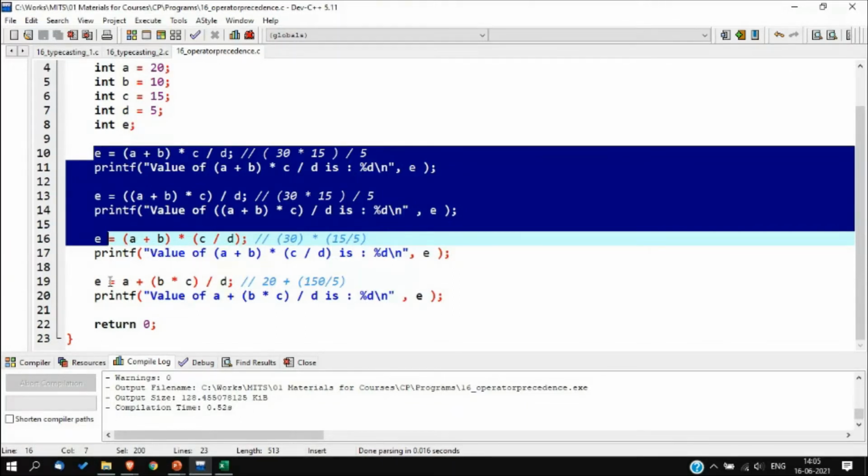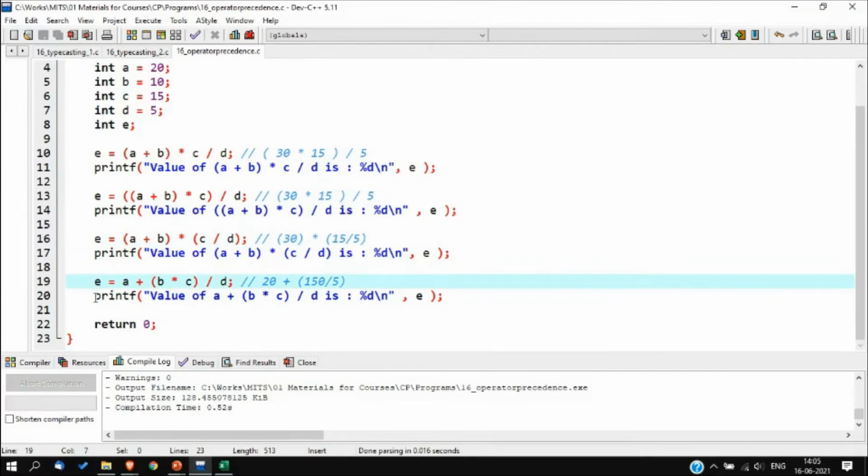Then in the fourth case, E equal to A plus (B multiplied by C divided by D). Here A plus B is not inside the bracket. Instead, B multiplied by C divided by D is within the bracket. So first, this expression will be evaluated. B multiplied by C, that is B into C. B is 10 and C is 15.